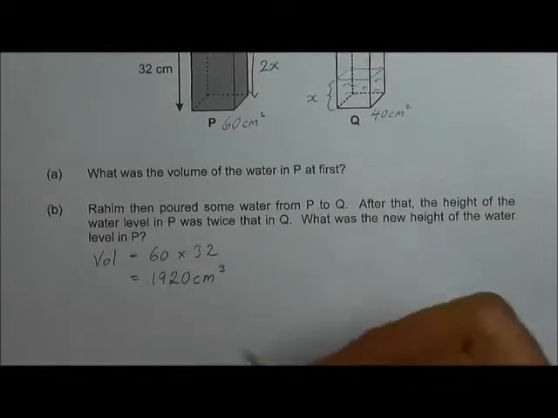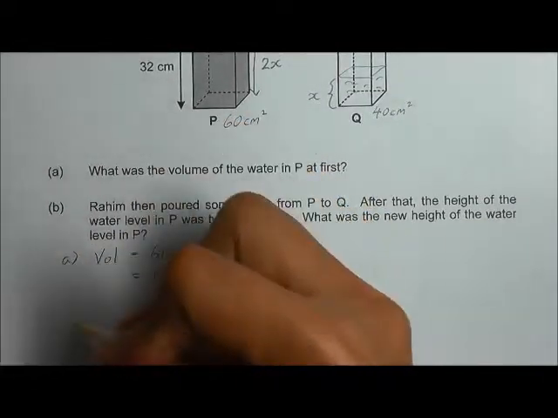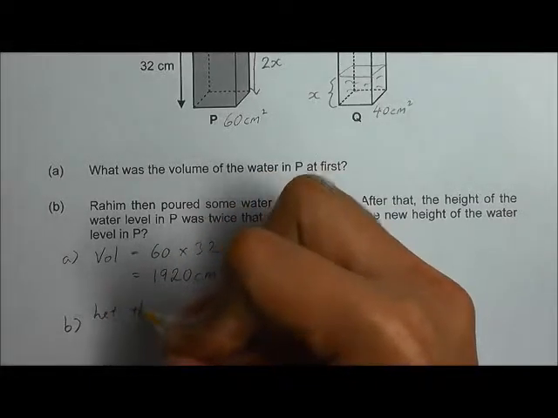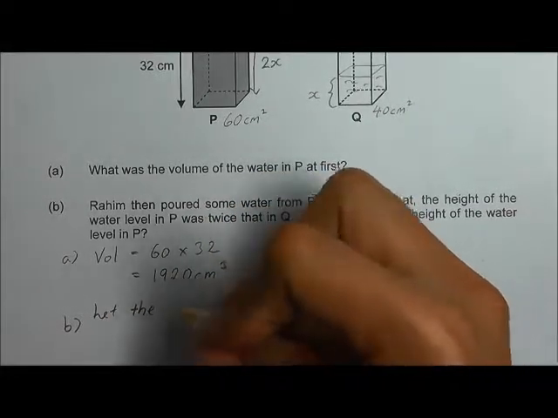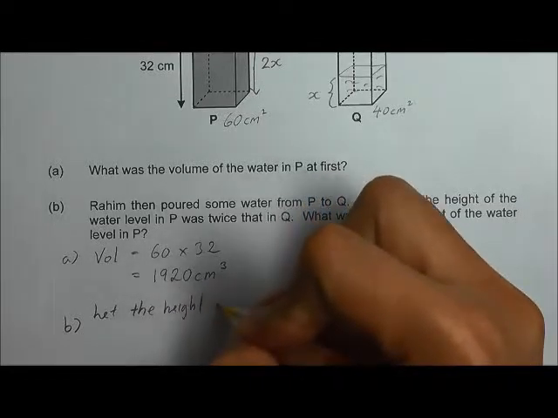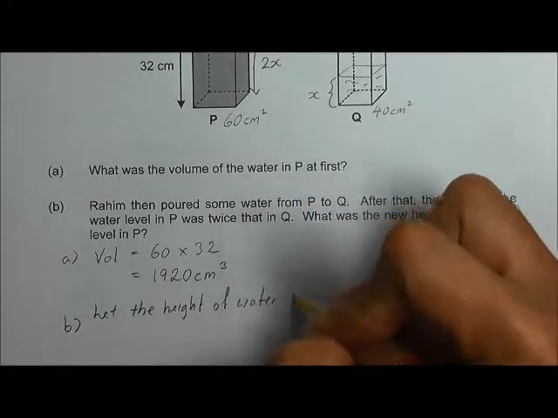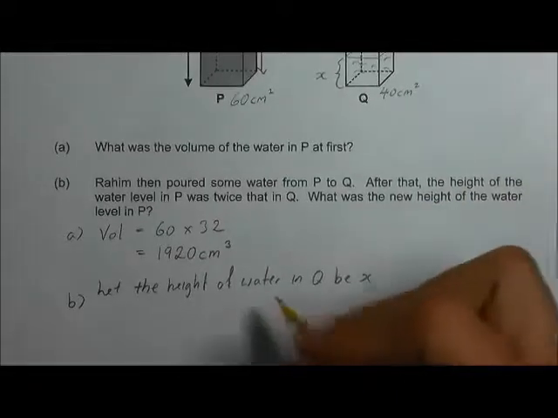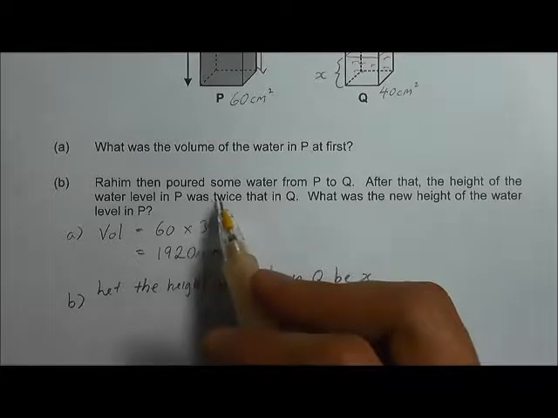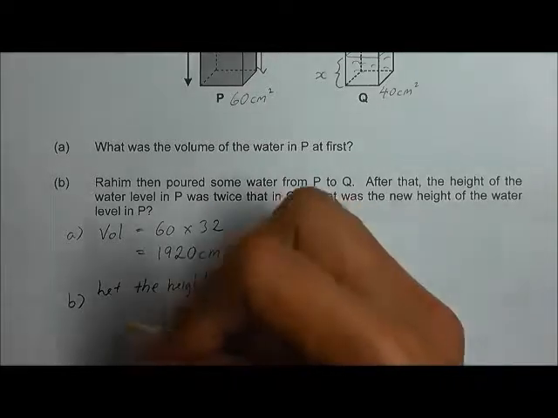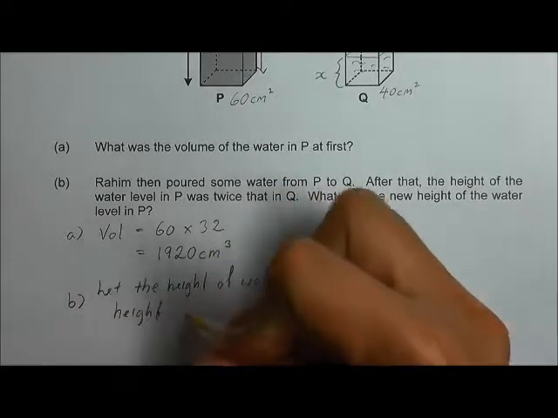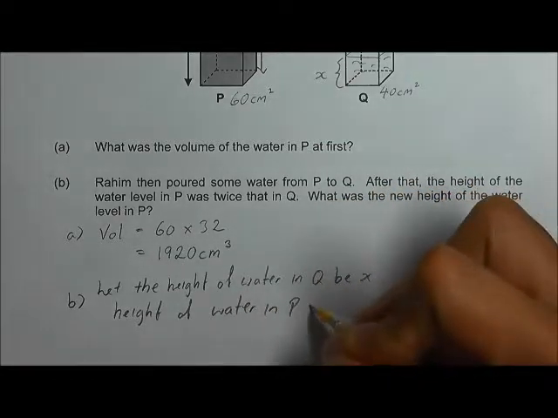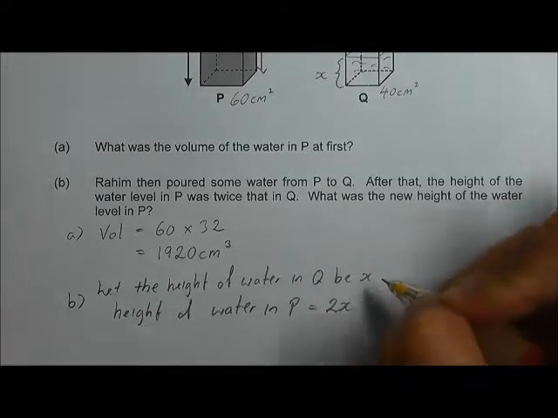For part B, we can let the height of water in Q be x. Since the water level in P was twice that in Q, the height of water in P has to be 2x.